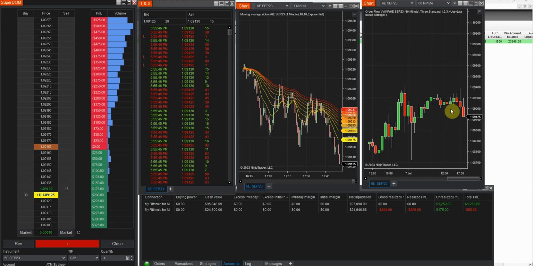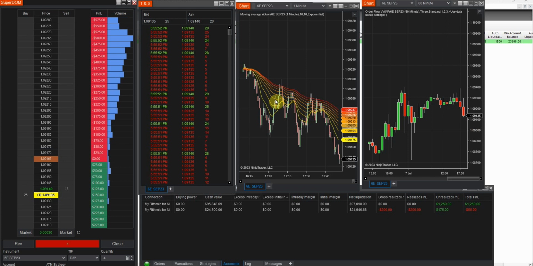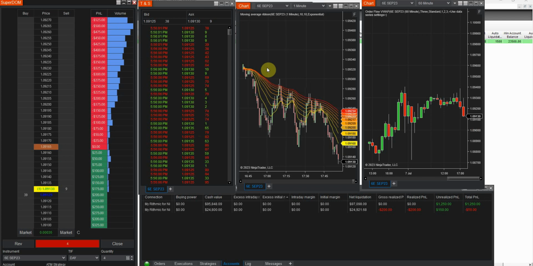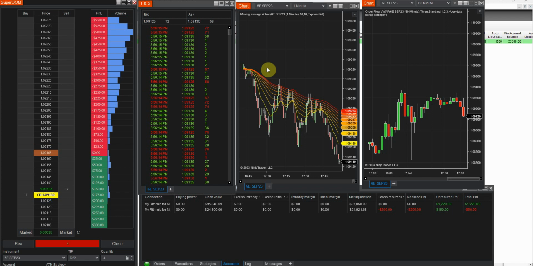It's a decent move on the 1 hour candle. Okay, we've got 4 minutes till we have a new 1 hour chart. So our total P&L after that quick little loss I had at the start is sitting about $25 loss total.